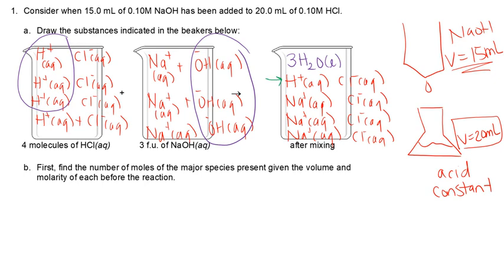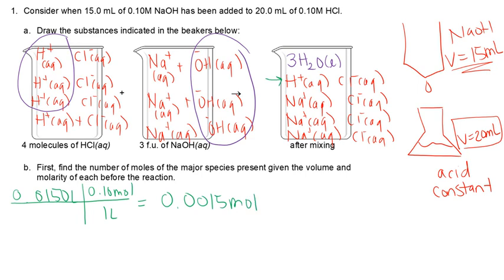Okay, so now we need to look at the moles of the major species. So the ions. So we have a volume of 15 milliliters or 0.0150 liters of NaOH and a concentration of 0.1 moles per liter. And so if we calculate that, we have 0.0015 moles of the Na+ and OH- ions.